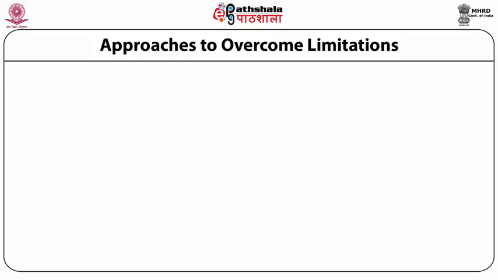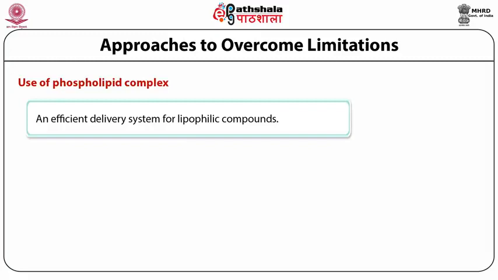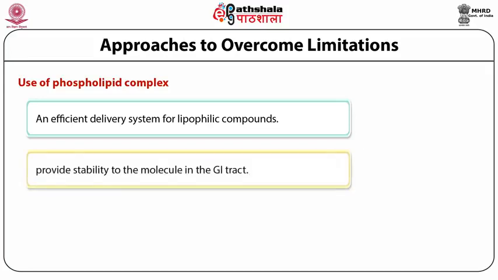Yet another way of overcoming the limitations of low bioavailability is the use of phospholipid complexes. Phospholipid complexes are efficient delivery systems for lipophilic compounds. They provide stability to the molecule in the GI tract.